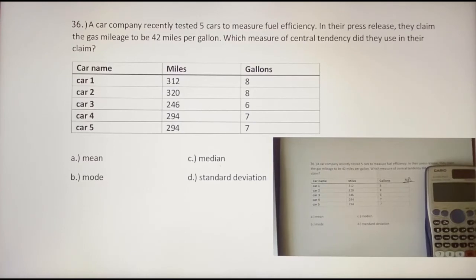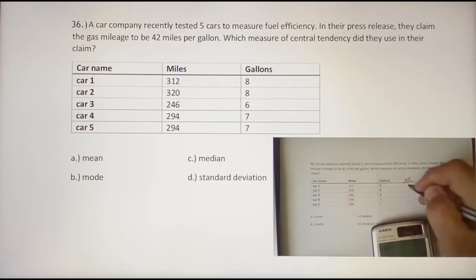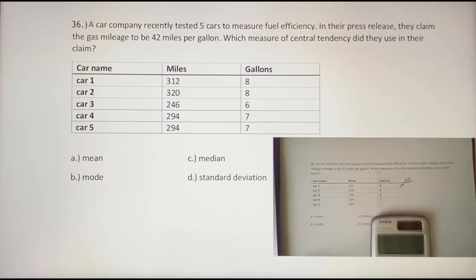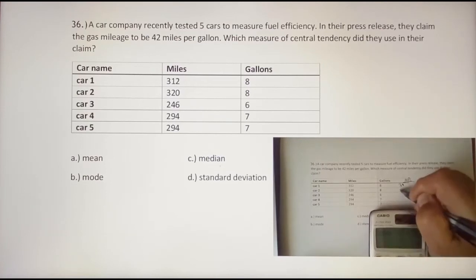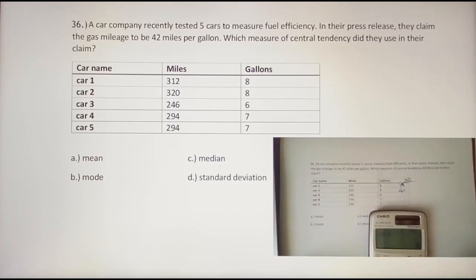So 312 divided by 8 gives us the first one, which is 39. The next one, 320 divided by 8, is 40. A little better than 39.